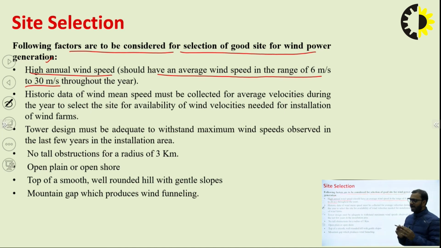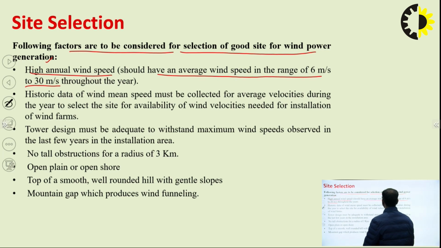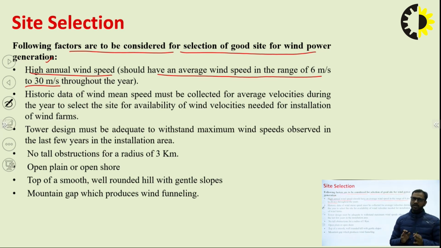So the site should be such that the average wind speed is in the range of 6 meter to 30 meter per second throughout the year.